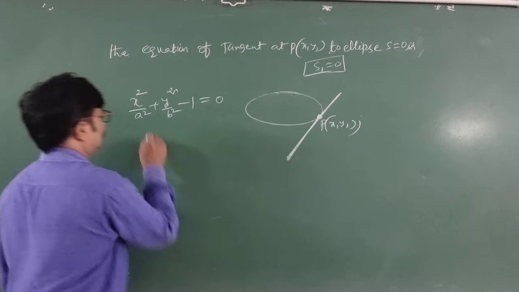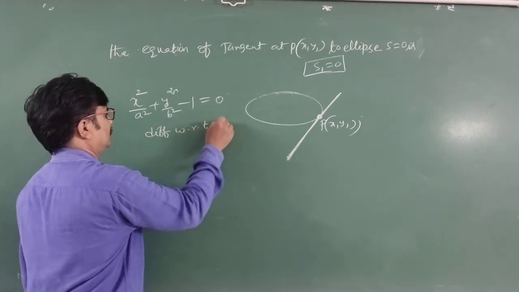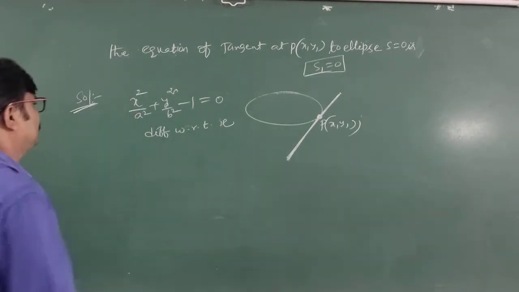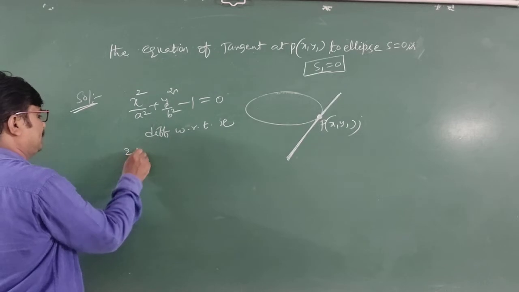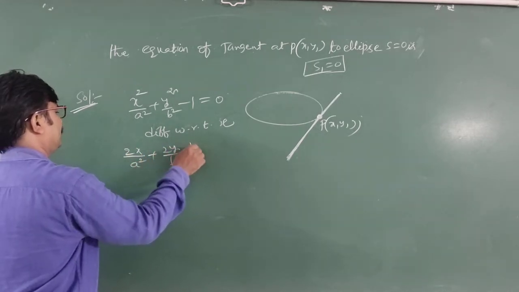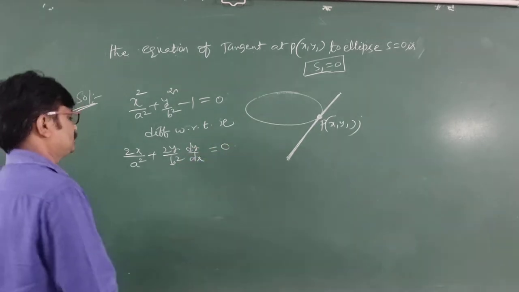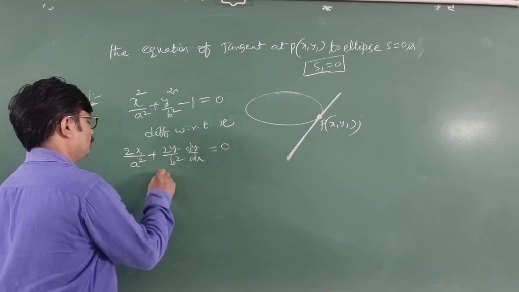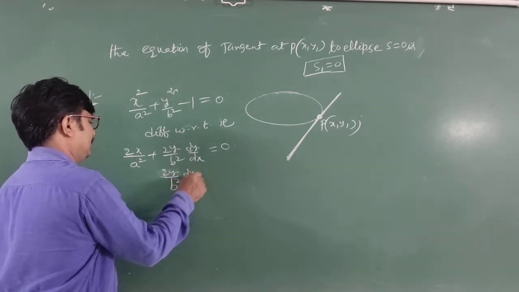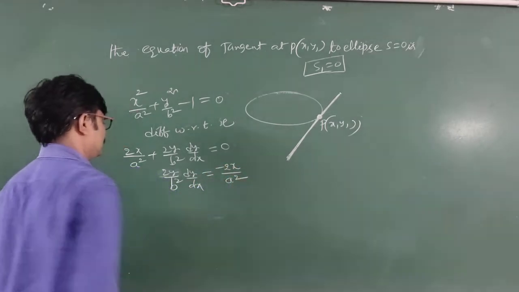Now students, differentiating with respect to x, we get 2x by a square plus 2y by b square dy by dx equal to 0. So 2y by b square dy by dx equal to minus 2x by a square.